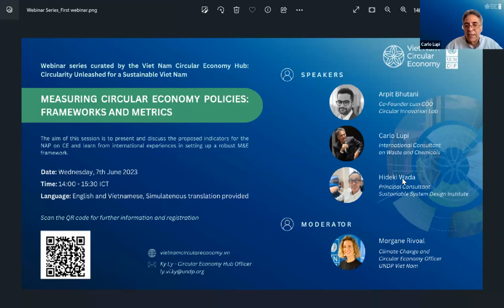This is very easily found in the General Statistics Office of Vietnam, but consumption is a different matter, and we actually need information about consumption for assessing circular economy. So this is just one example. We have to be very clear about which kind of data we need. The other thing is that there is a lot of need for capacity building.